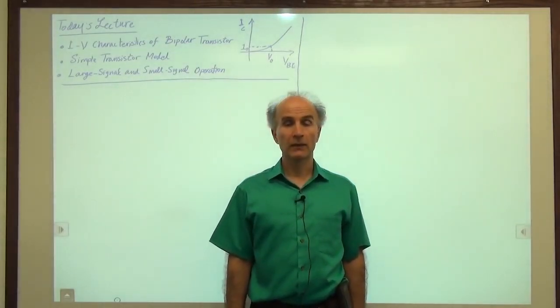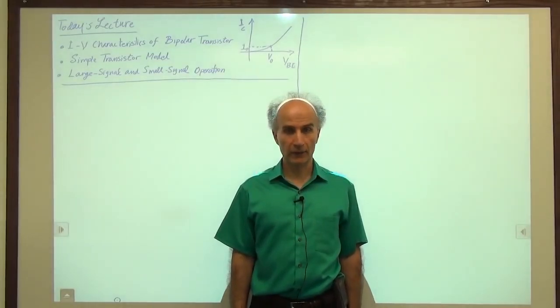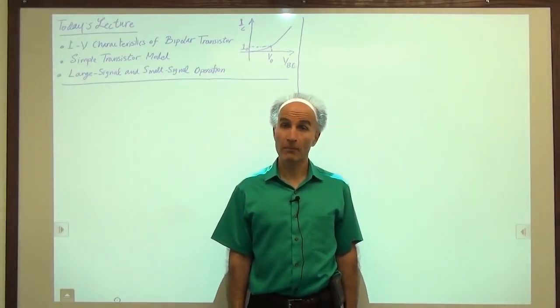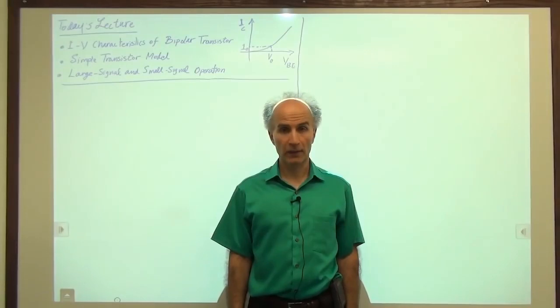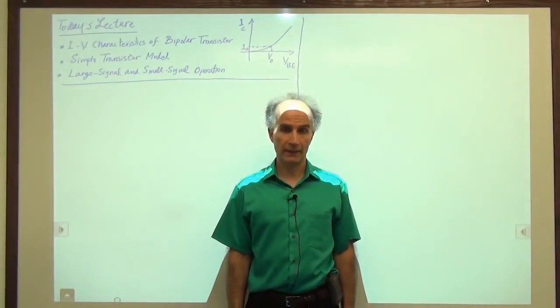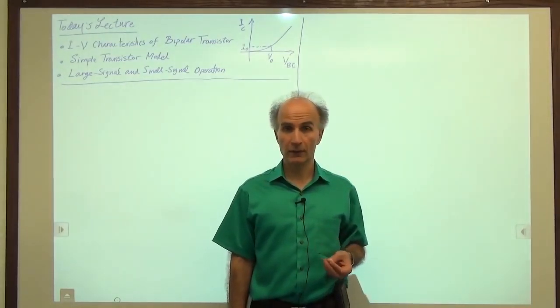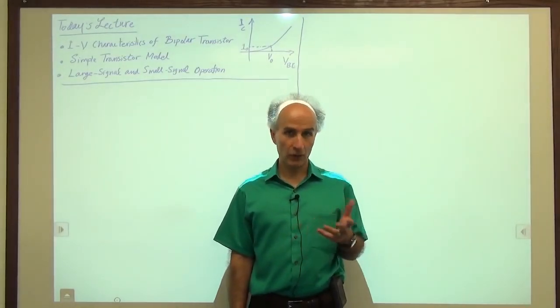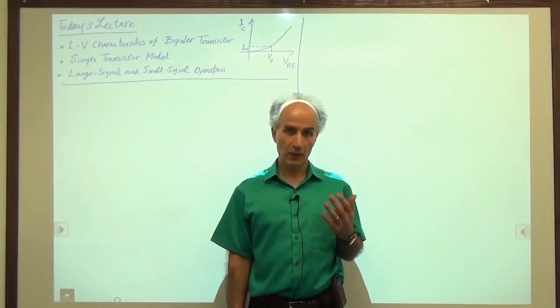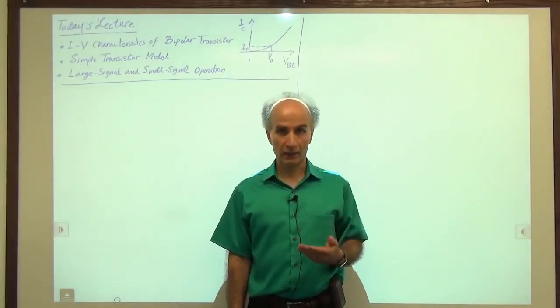Today we will continue to look at the bipolar transistor and try to develop a model for it, a circuit model that we can use in our analysis and design. What we have seen so far is that the bipolar transistor has some sort of exponential dependence between its base emitter voltage and its collector current.